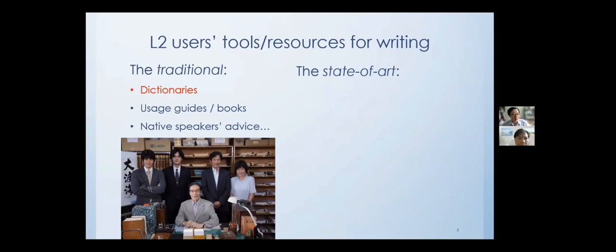They collected real-life data about language use to compile and integrate the information into this great project. So the dictionary is one of the resources. Other things are like the usage guidebook and native speakers' advice, of course.